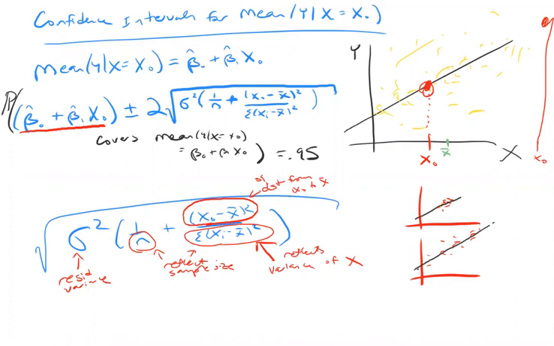Here, I can draw it this way or this way. There's a few different ways to draw that, so it looks like it goes through those data points. Because I don't have as wide a range of the x's, I'm just less sure of where that line should fall. So when the sum of squared differences in x is big, then you're able to make a narrower confidence interval for the mean of y given x.